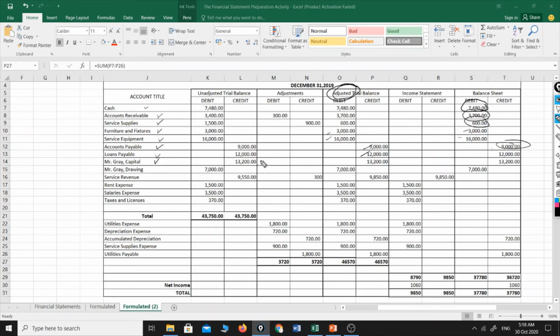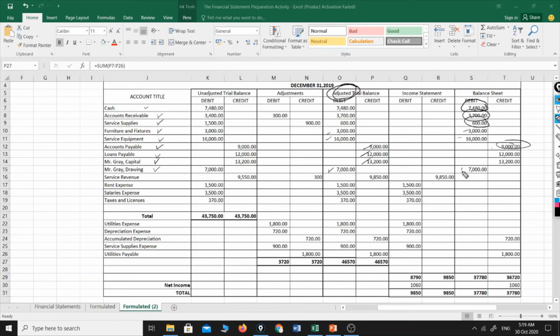Of course, we extend its amount to the balance sheet section, 13,200. And then Mr. Gray Drawing, it is still part of the owner's capital because at the end of the day, this drawing will be closed to capital, meaning it is a deduction from the capital account. That's why it is still part, of course, of the owner's capital. 7,000 debit. So we also put here on the balance sheet section 7,000.